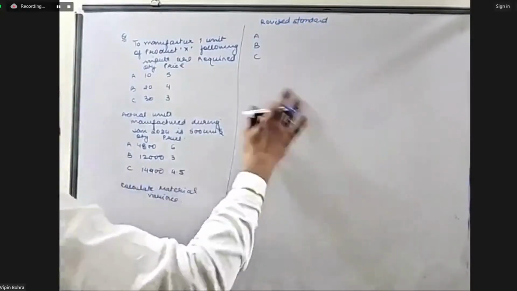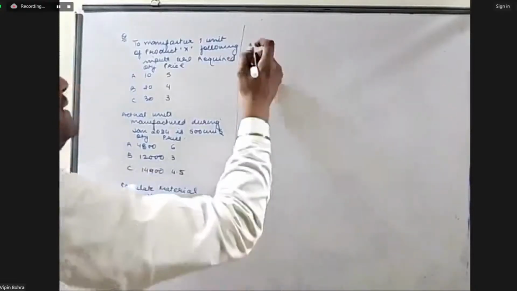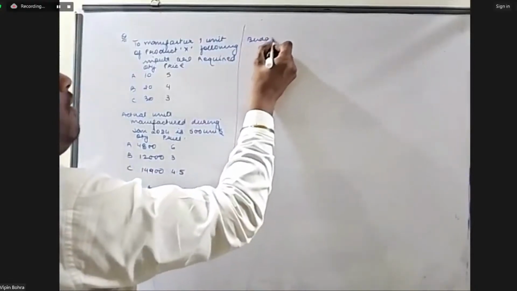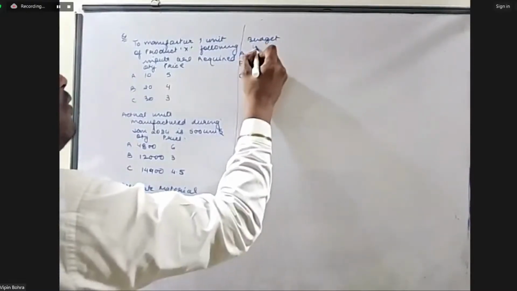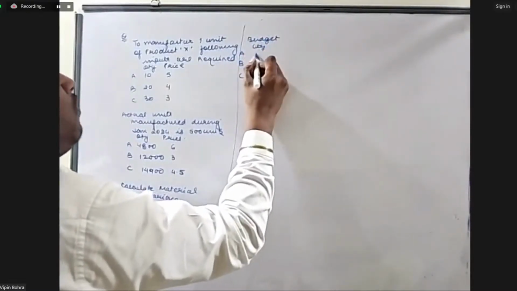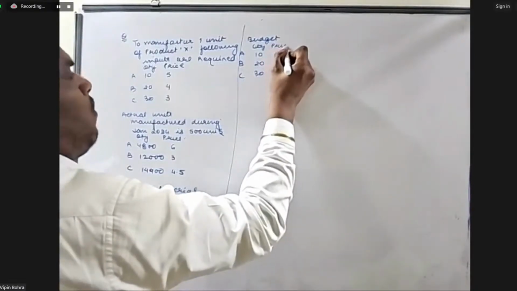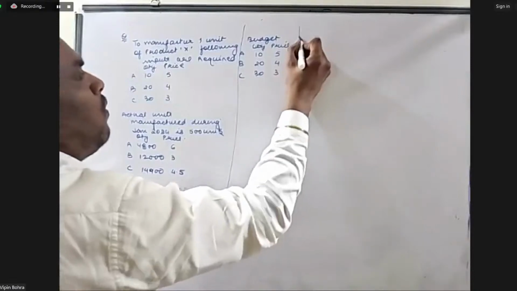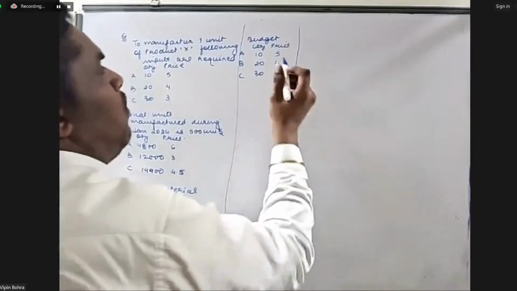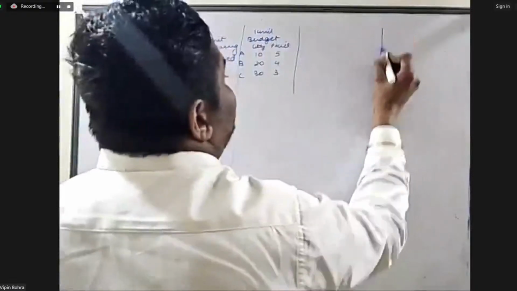The second table. You guys have to write the second table. See, budgeted data is given. Actual data is also given.